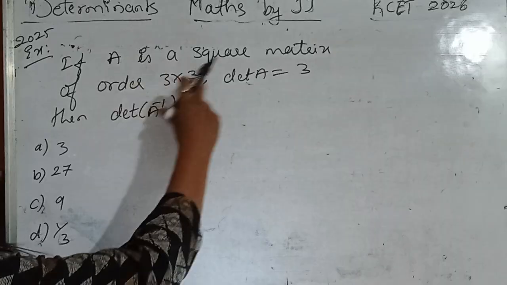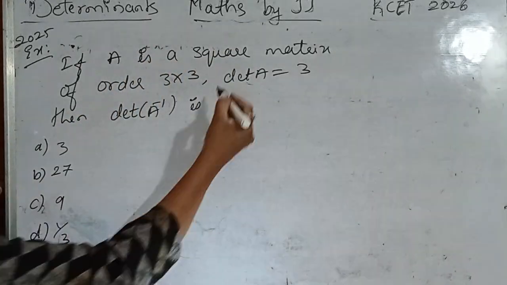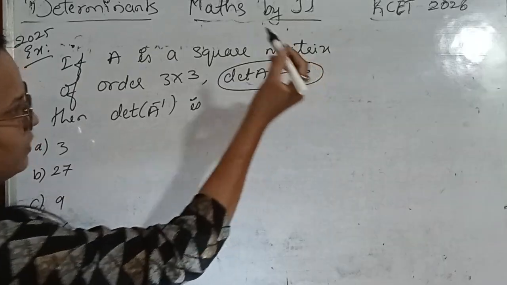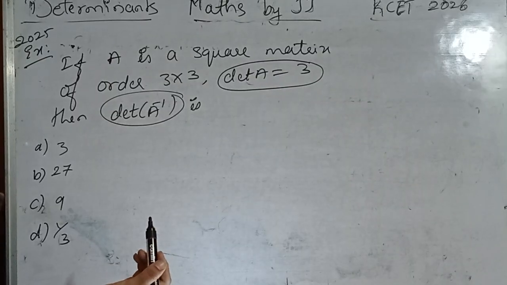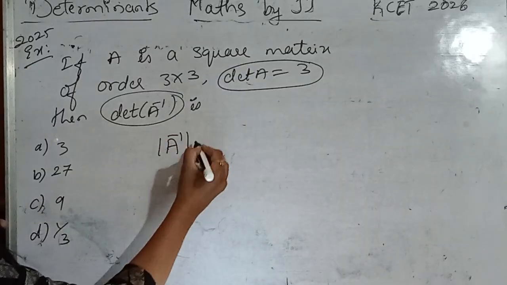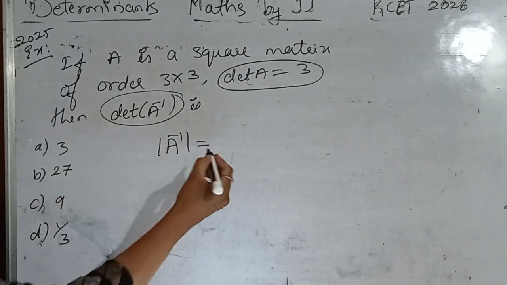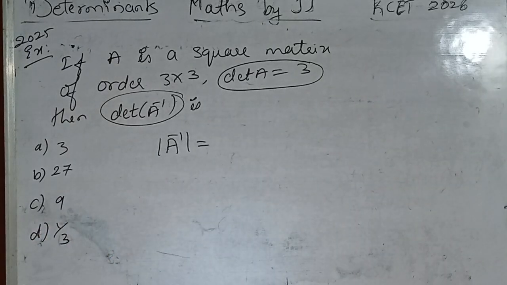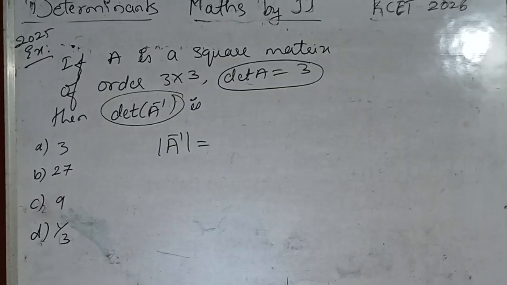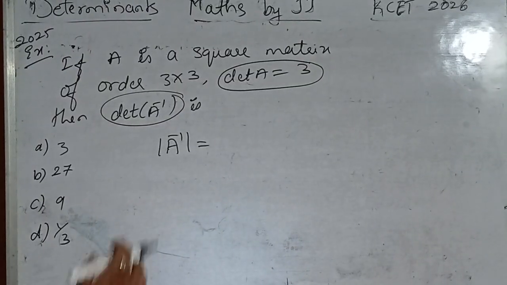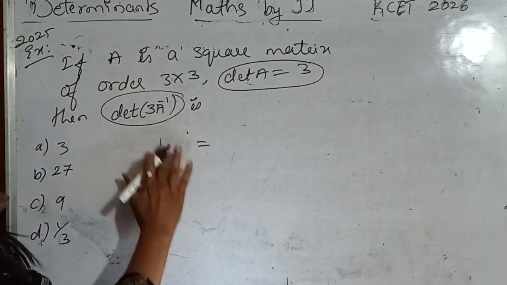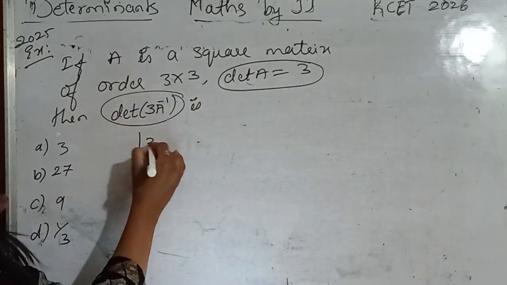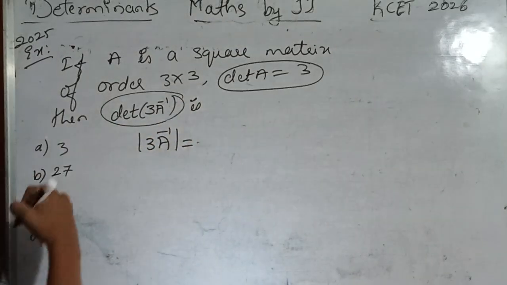If A is a square matrix of order 3 cross 3, and they have given us the determinant of A, I need to calculate the determinant of 3 times A inverse. This is not just A inverse, it is 3 times A inverse.